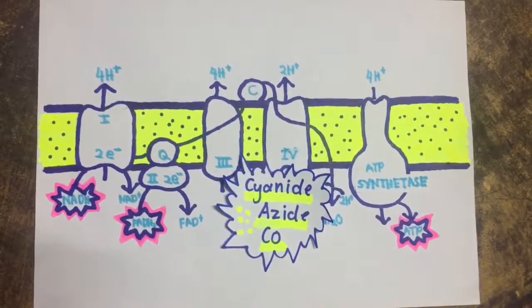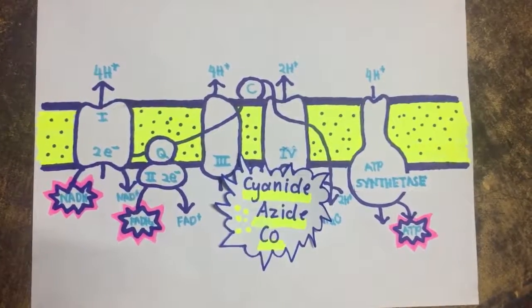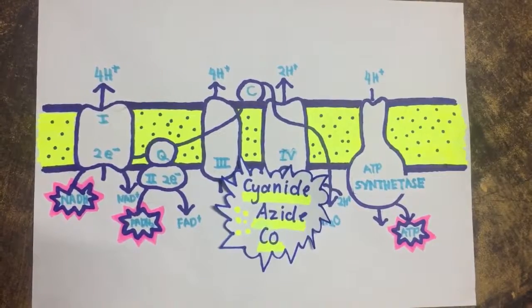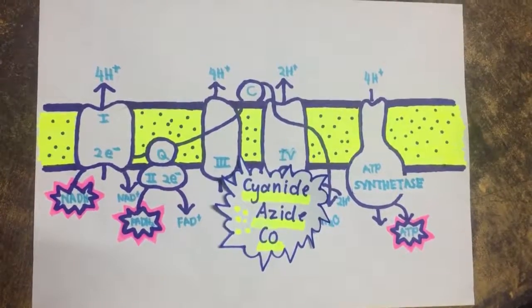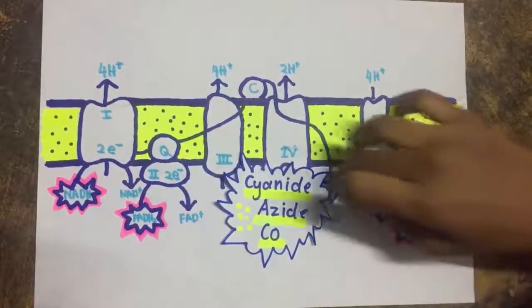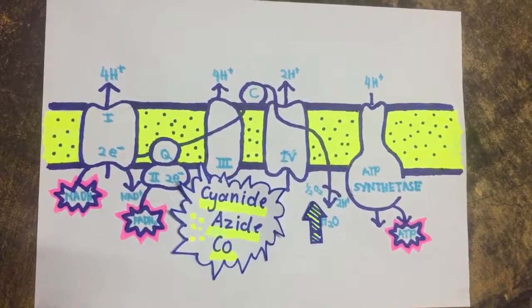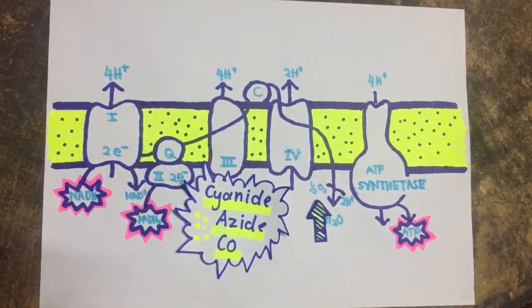The inhibitor azide acts in a similar way to cyanide. Carbon monoxide will bind to hemoglobin, forming carbaminohemoglobin, interfering with the transport of O2 into the cell. When there is no oxygen molecule to receive electrons, the electron transport chain cannot be completed.